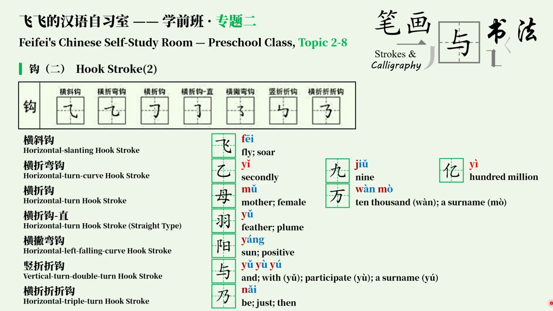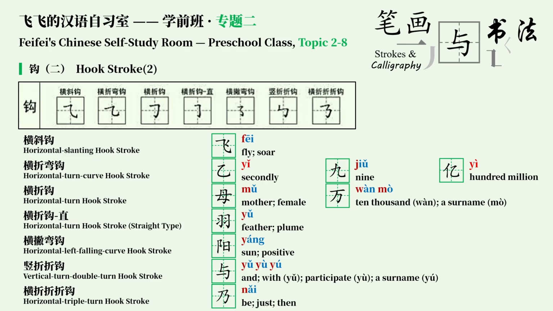Example characters: 乙 meaning secondly, or the second of the 10 heavenly stems in traditional Chinese culture. Let's explore its cultural background. In ancient China, the 10 heavenly stems, 10天干, and 12 earthly branches, 12地支, were combined to form a 60-year cycle for recording years, months, days, and hours.